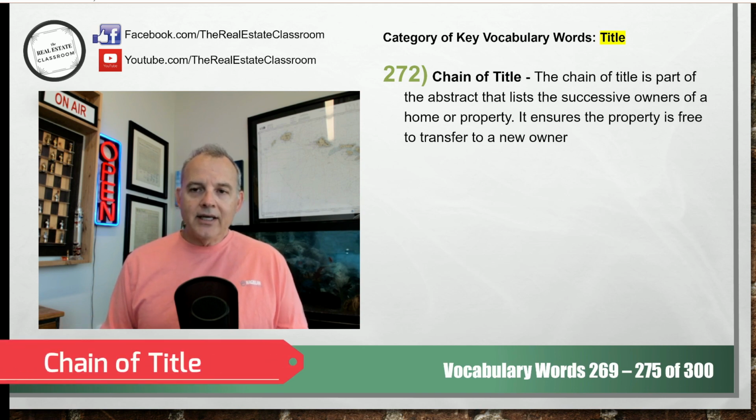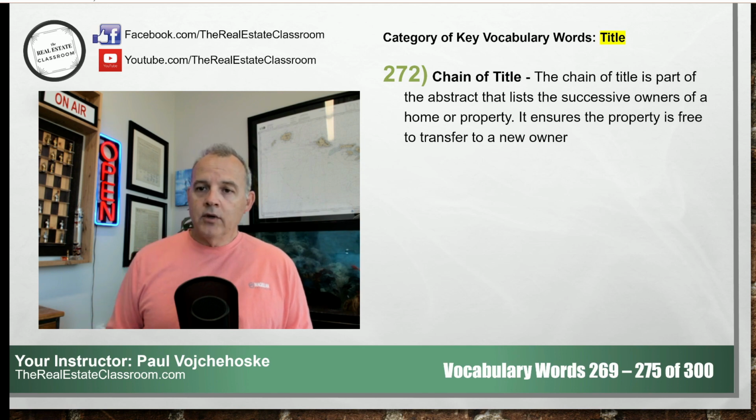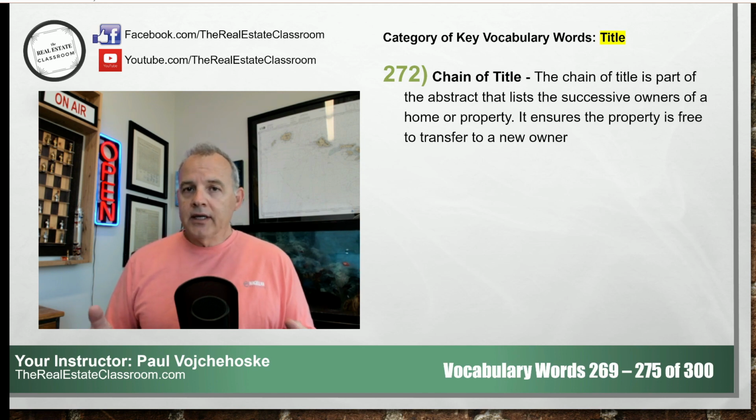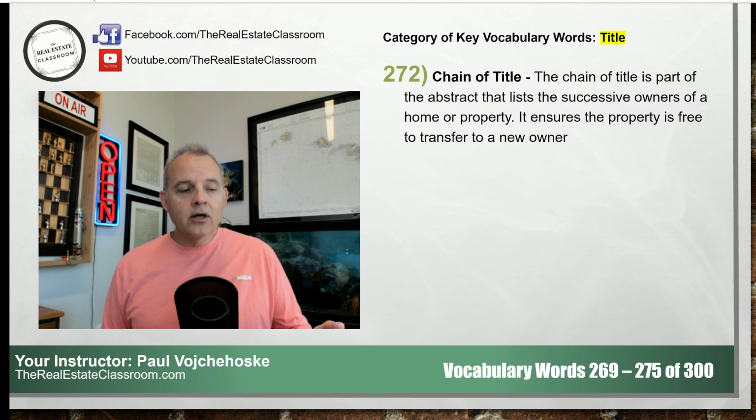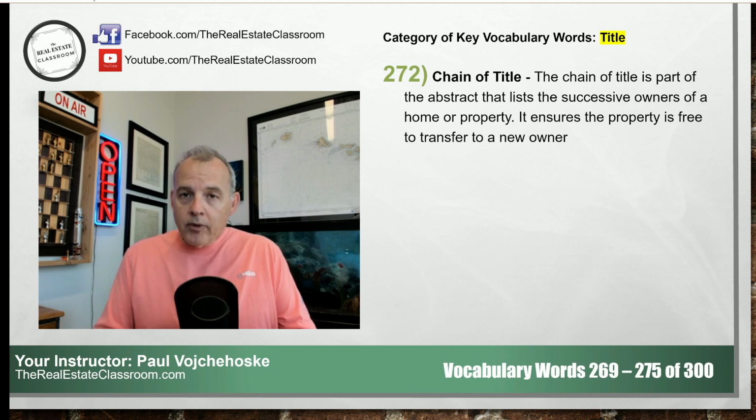A chain of title is a history report that includes a chronological list of all the property owners going all the way back to the original owner, sometimes back in the 1700s. The reason that's important, and the reason it's part of the abstract, is it ensures that the property being conveyed to the new owner, that new owner is getting free, clear, marketable title or ownership. We're making sure that the previous owners conveyed their title to the new owner in a proper way.